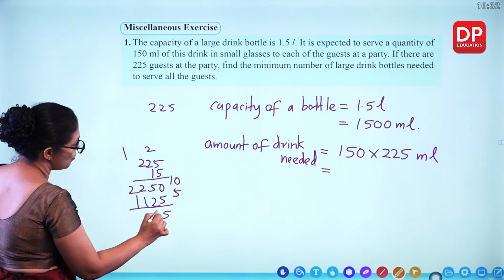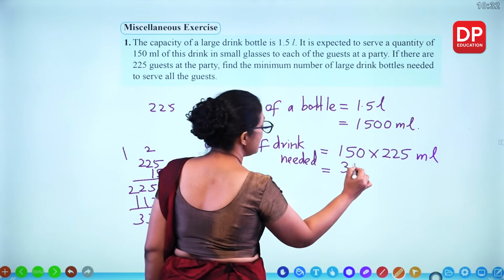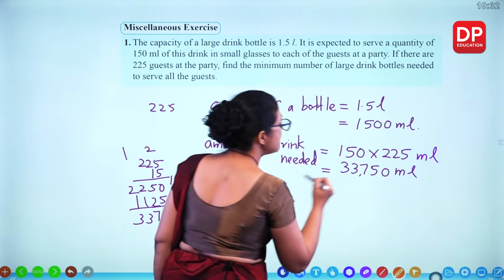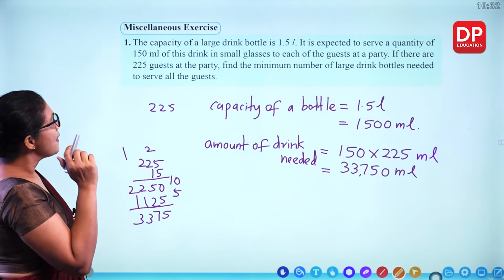So when you add it, you get 3375 and put a 0. That's 33,750 milliliters.